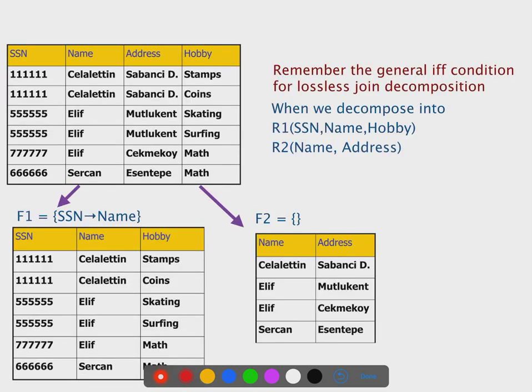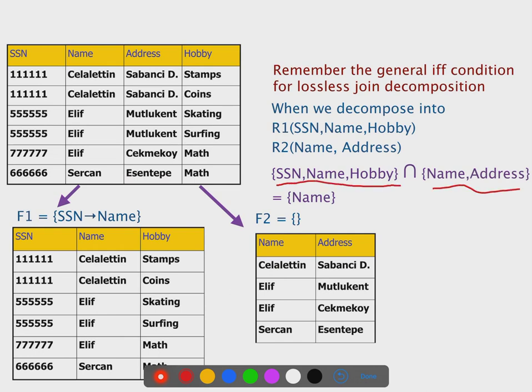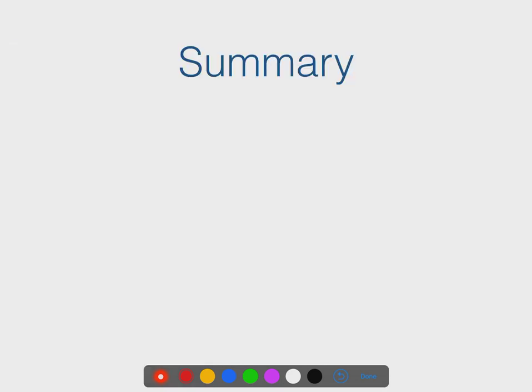And in this case, when we look at the intersection of the schema of the subrelations, the intersection is name, and name is not a key in either R1 or R2. So this is definitely not a lossless join decomposition.